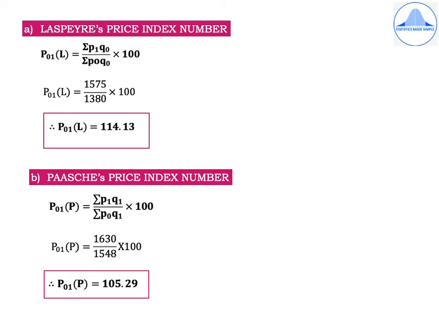Second subdivision, Paasche's price index number P01 of P is equal to summation P1 Q1 divided by summation P0 Q1 into 100, which is equal to 1630 divided by 1548 into 100. So you get P01 of P is equal to 105.29.